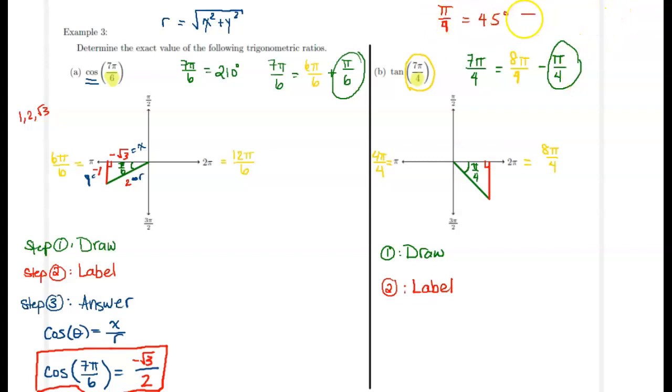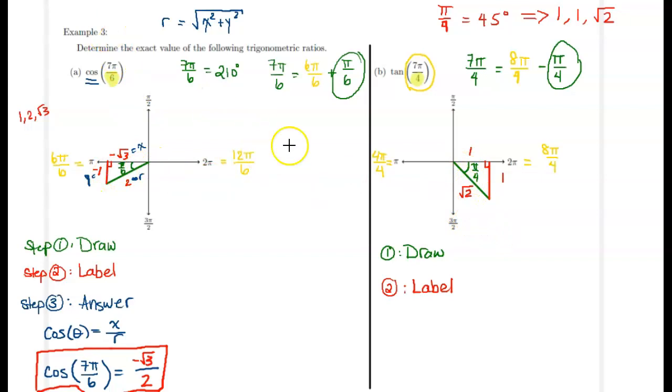And if it's 45 degrees, that means I'm using a 1, 1, root 2 triangle. You'll notice that the 2's are always on the radius, whether it's a whole number 2 or a root 2. The 2's are always on the hypotenuse or the radius.